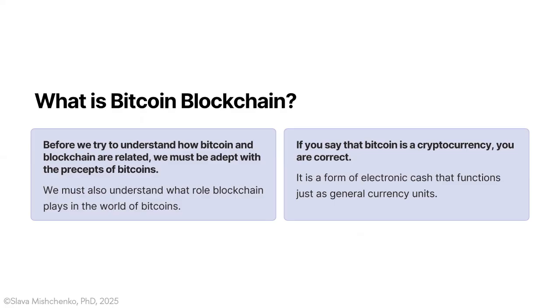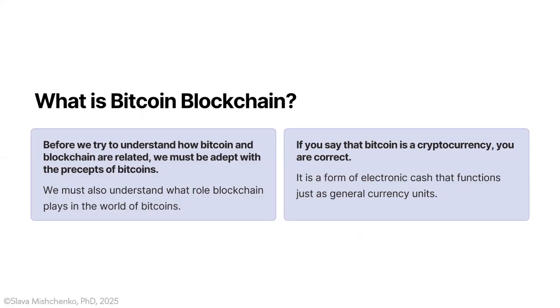And here, I want to emphasize that while Bitcoin might seem complex at first, its underlying principles are actually quite elegant. Because as we progress through this course, you'll see how Bitcoin uses blockchain technology to solve problems that have stumped digital currency developers for decades.